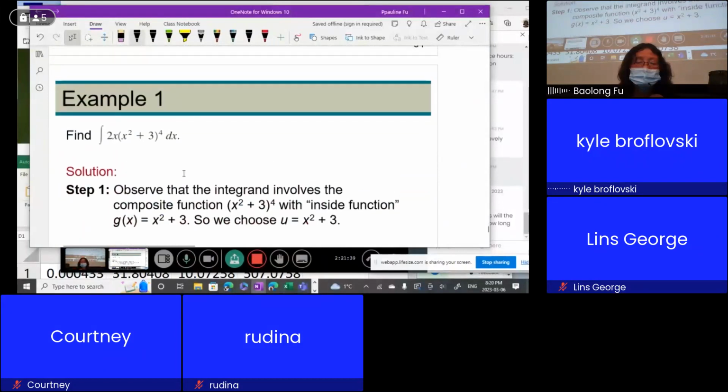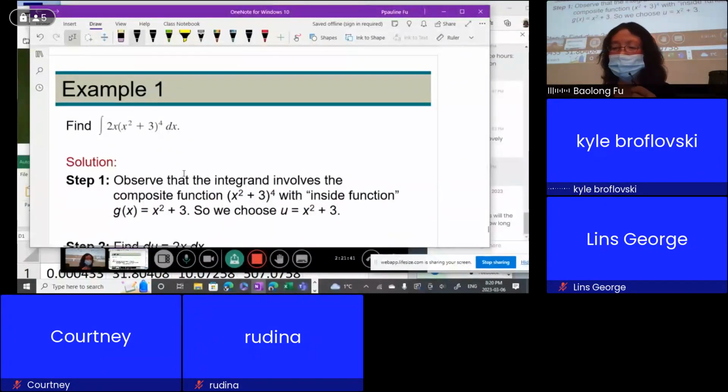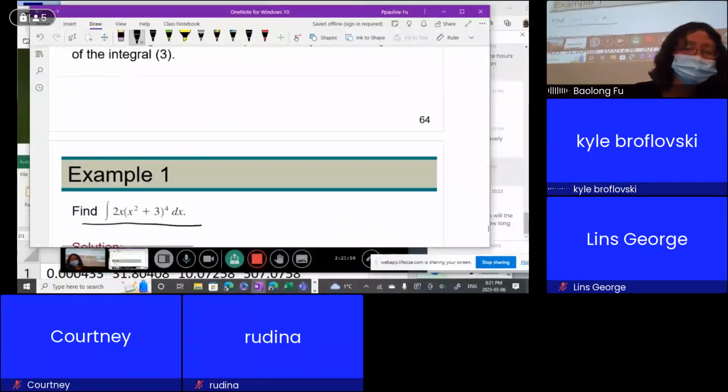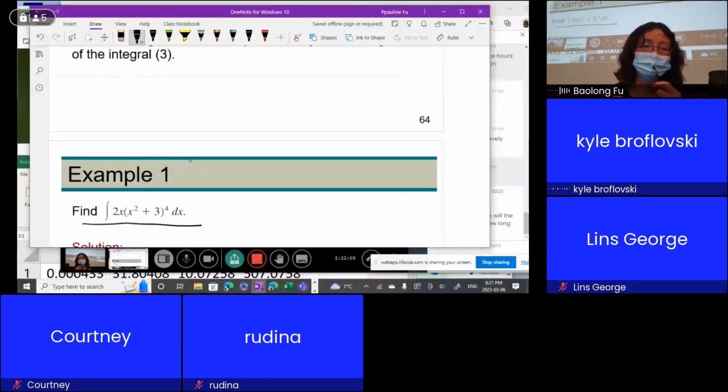All right. So now questions on this example, or another example. So do this. Use substitution. So I will start from here. Let u equal to x squared plus 3.